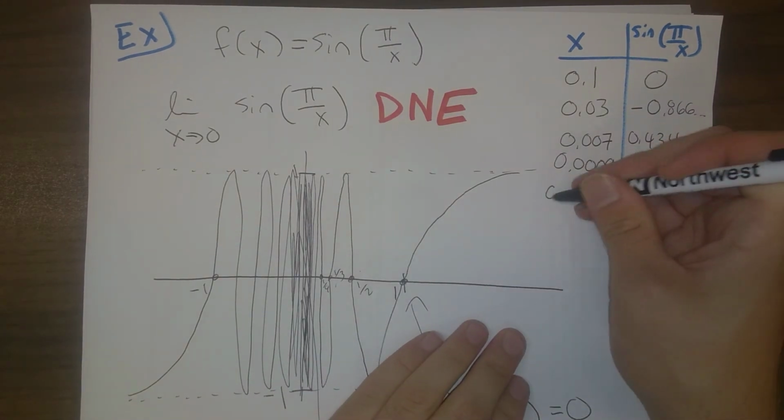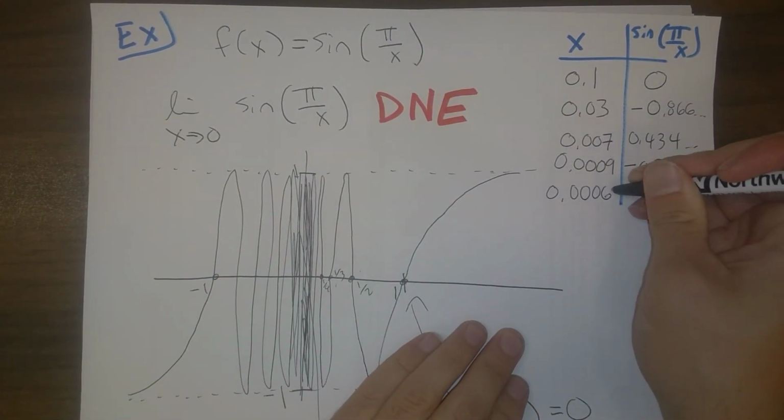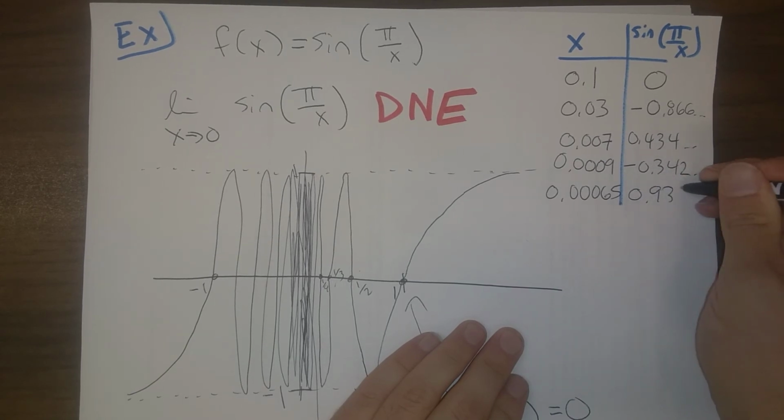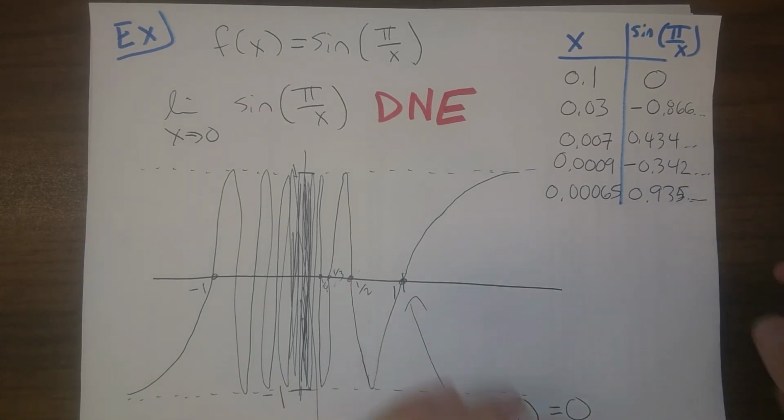Just to show one more, 0.00065, 0.935, something very positive, no intention of settling down.